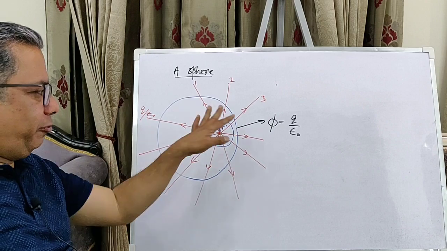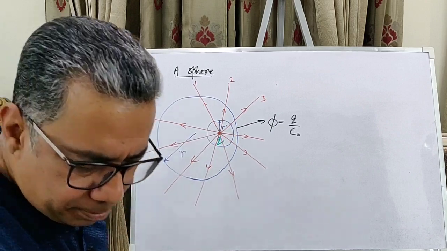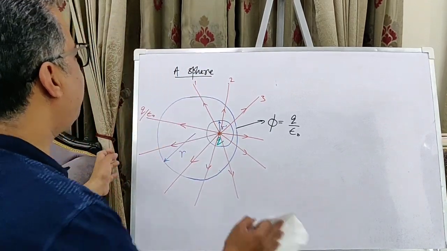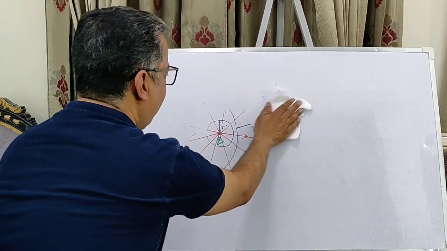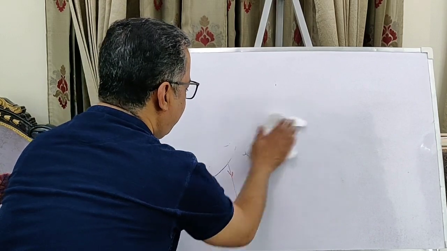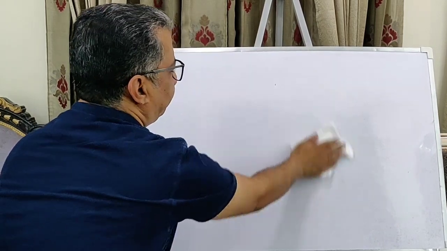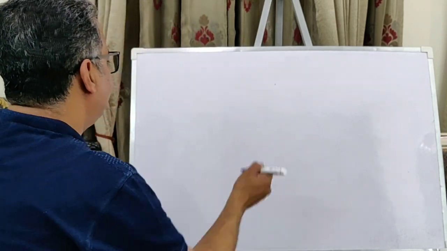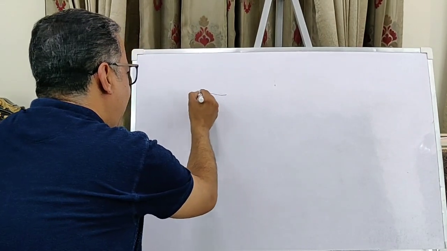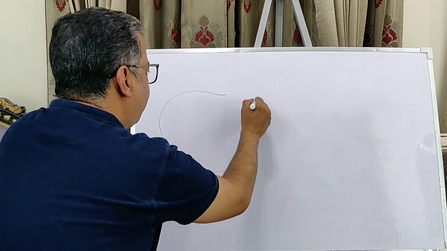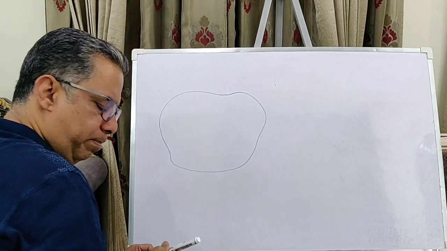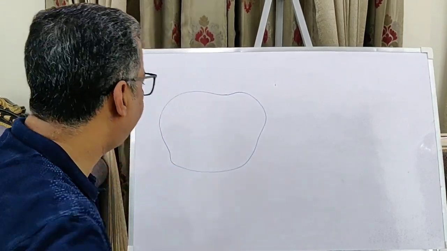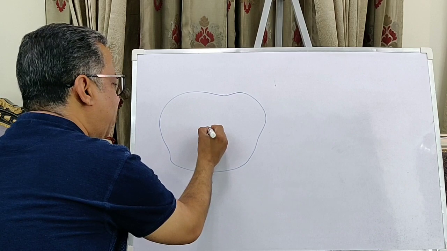Now we've worked this out for a spherical shape. Let's now have an arbitrary shape and calculate the flux through a closed surface of arbitrary shape. So this time we now have a closed surface. It has an arbitrary shape, and we place a charge q somewhere inside it.